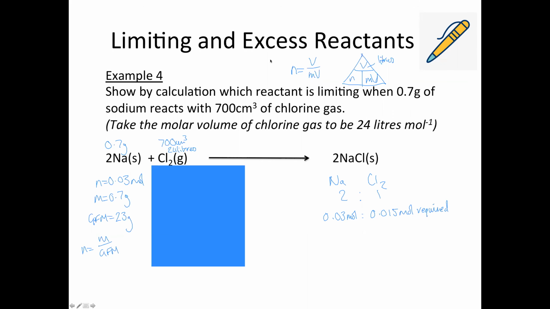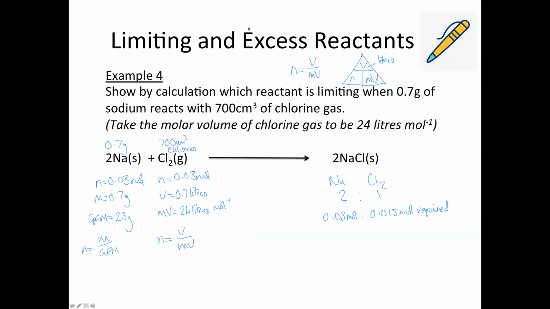We need that many moles. How many do we have? We have 0.03. So that's more than we need, which means the sodium is limiting and the chlorine is in excess by 0.015 moles. You take those two away.